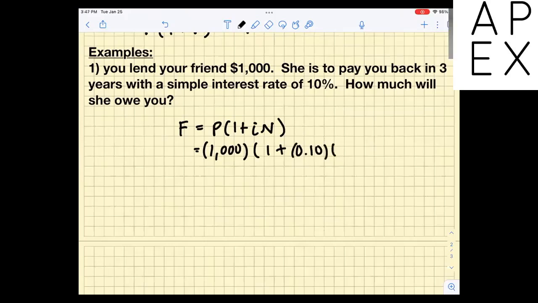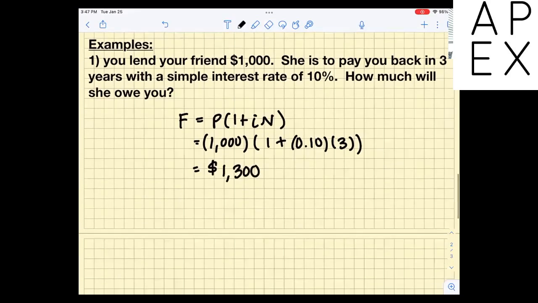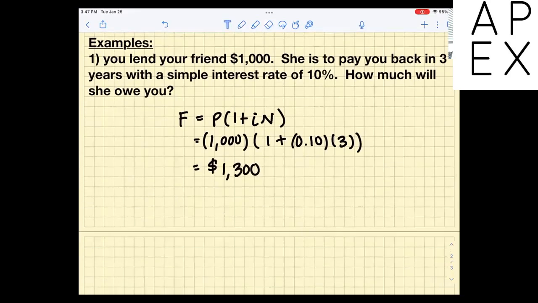And then what do we put in for N? 3. Okay, so when you punch that into your calculator, what do you get? 1,300. So you were not incorrect. $1,300. That's based on simple interest, though, which, like I said, not very common.